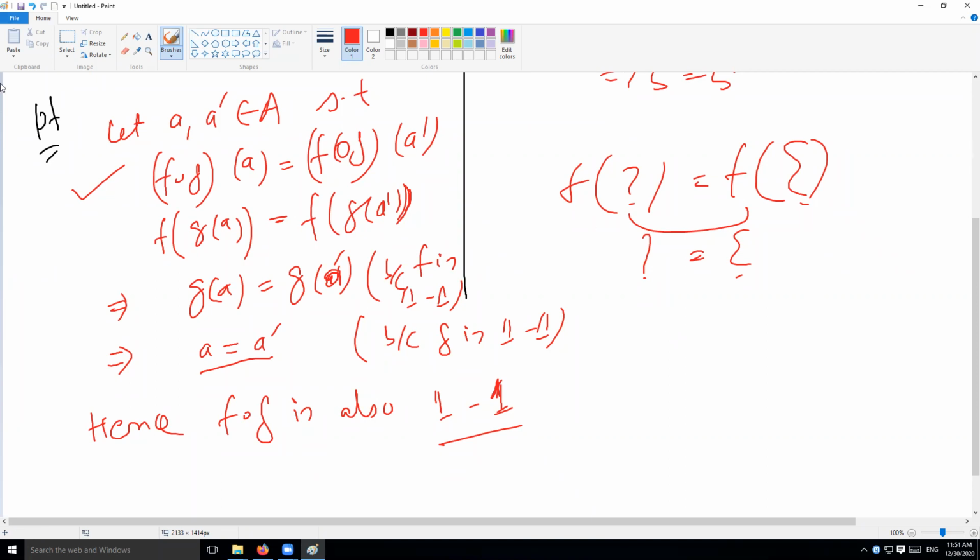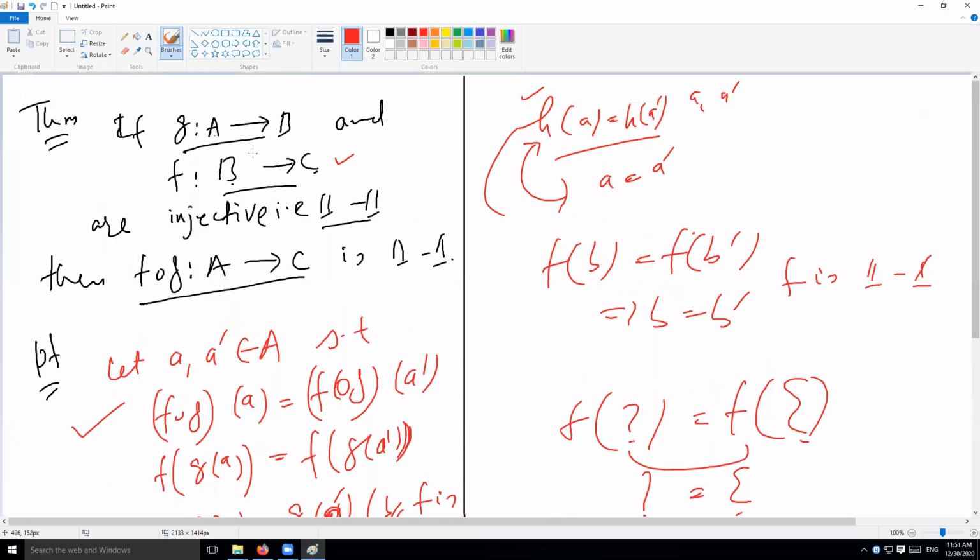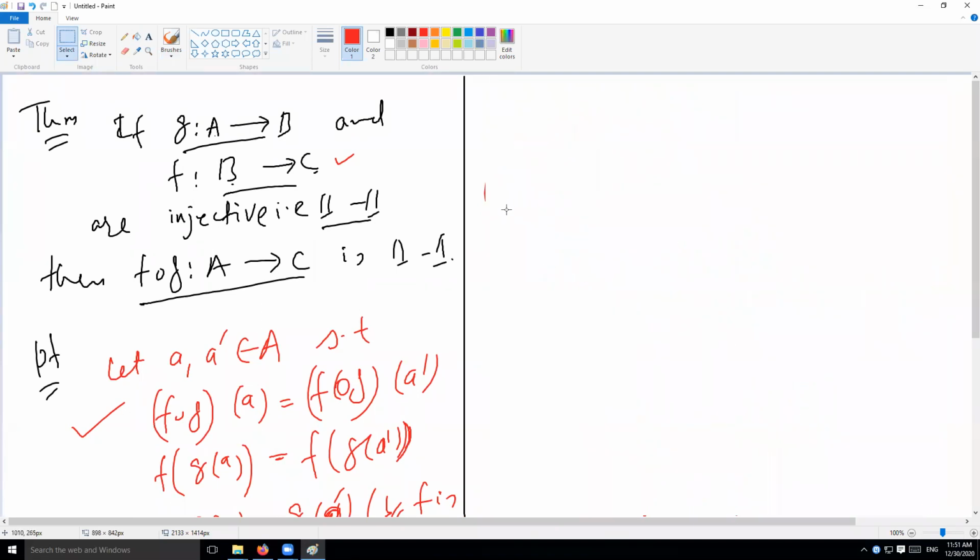Let's move on. Now if you have this for 1-1, am I going to have the same for onto?